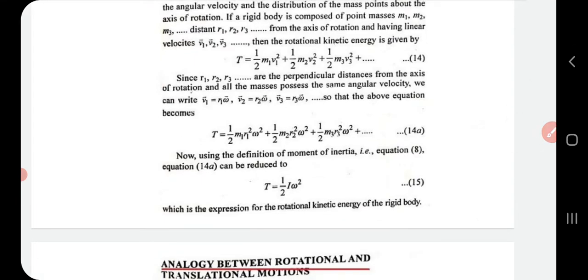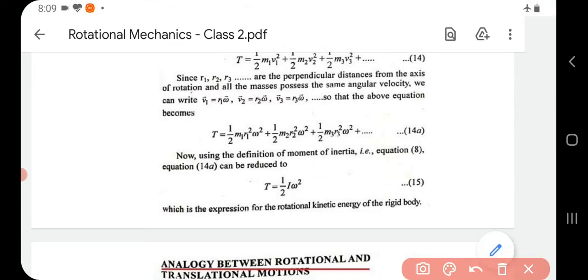Now using the definition of moment of inertia, we can reduce equation 14a as T equal to half I omega square. How do you get that? Because you know m1 r1 square, m2 r2 square, m3 r3 square are all expressions for I, the moment of inertia, because moment of inertia is I equal to m r square.